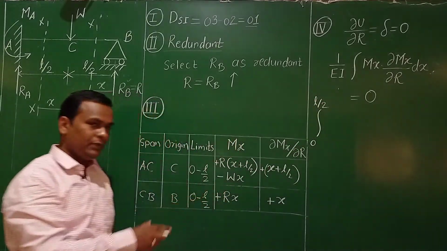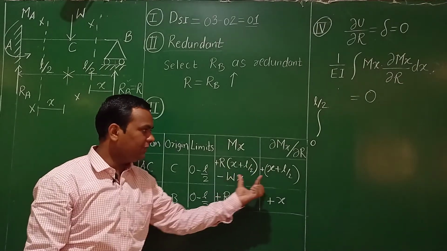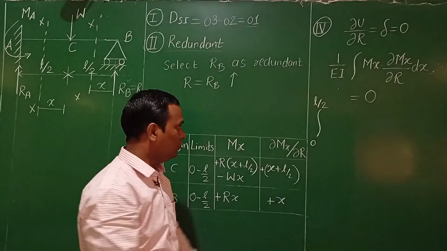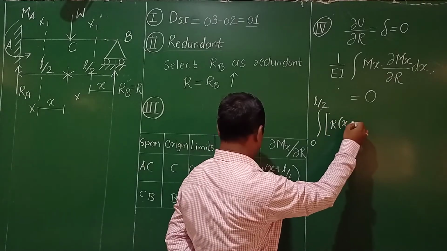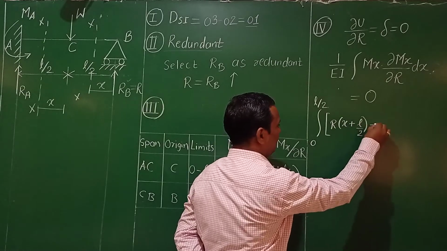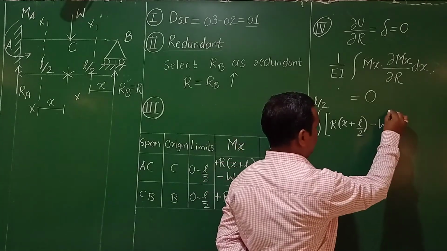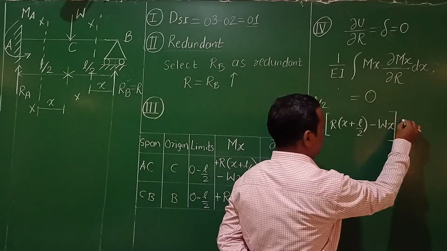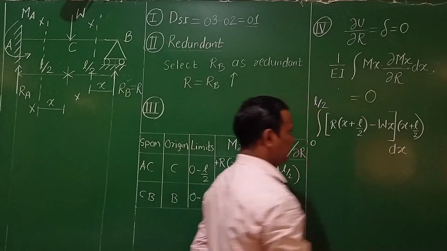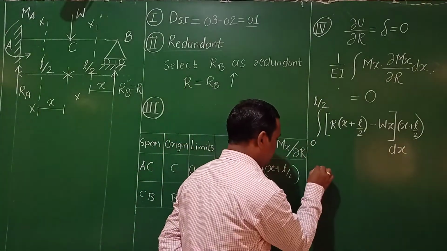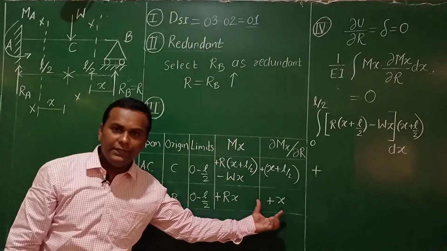Now for the first span, that is span AC, here it is R into x plus L by 2 minus Wx multiplied by x plus L by 2 with respect to dx, plus now for the second span, that is span CB, Rx multiplied by x.